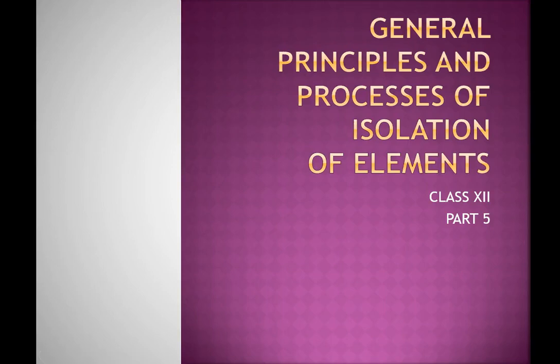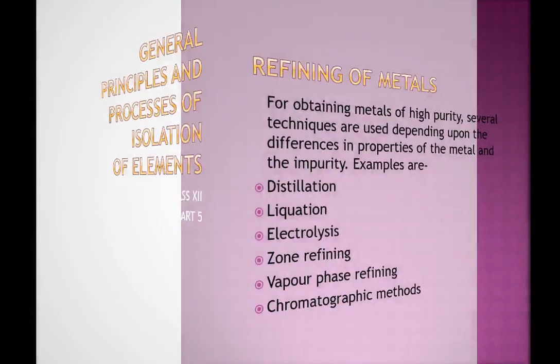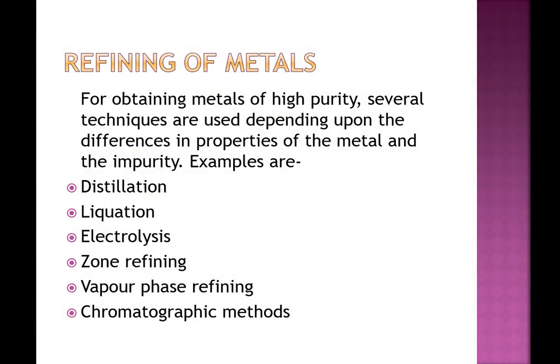Now, let us start with the last part of the chapter, general principles and processes of isolation of elements. Metal extracted by any of the methods is contaminated with some impurities.